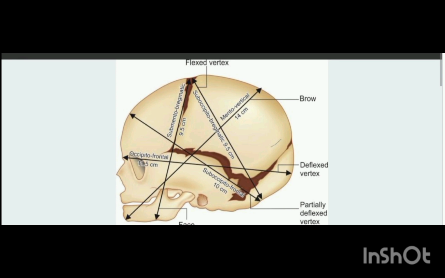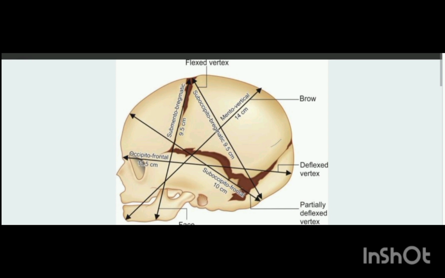Last diameter is suboccipitofrontal. Suboccipitofrontal is from the bony prominence of the frontal bone or sinciput to the lateral portion of the occiput. This is known as the suboccipitofrontal diameter.